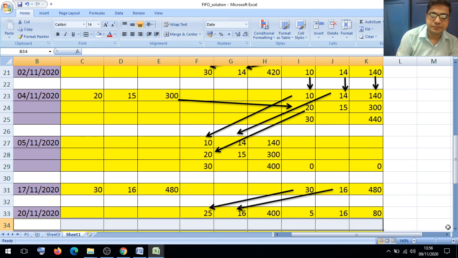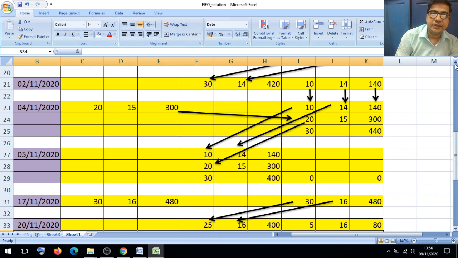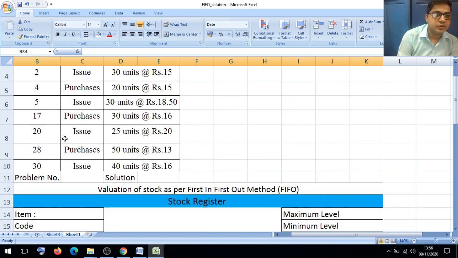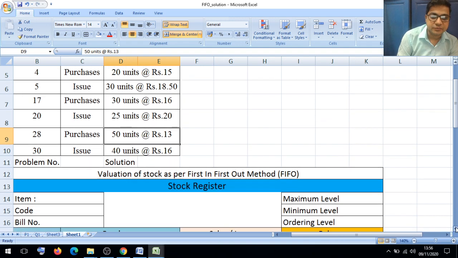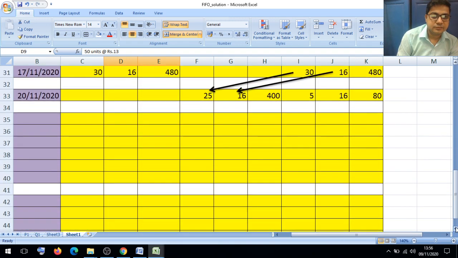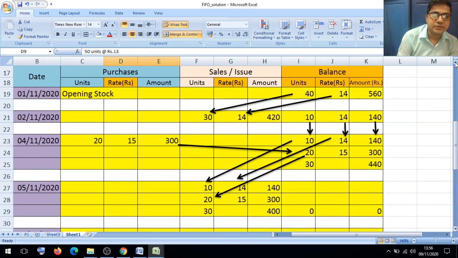Next date it is on 28. They again purchase 50 units at the rate rupees 13.